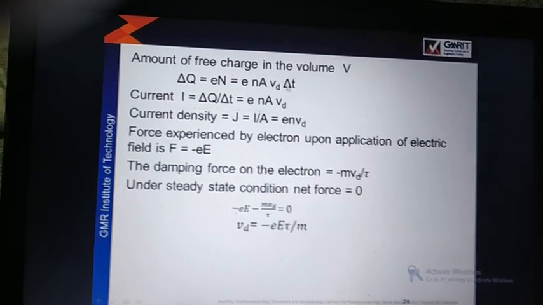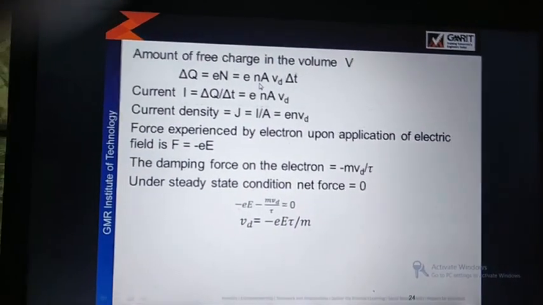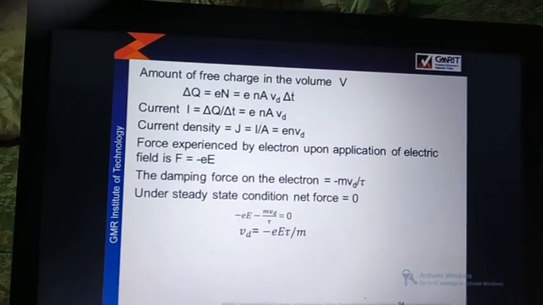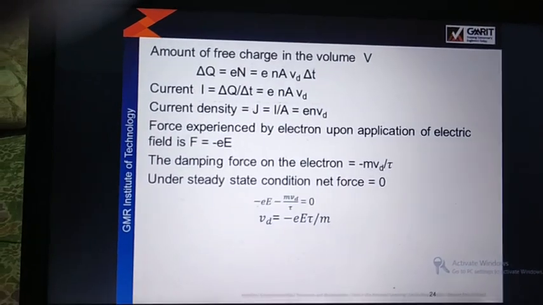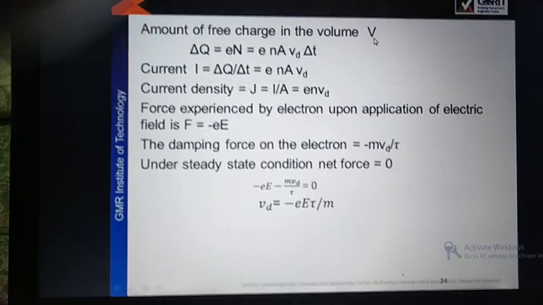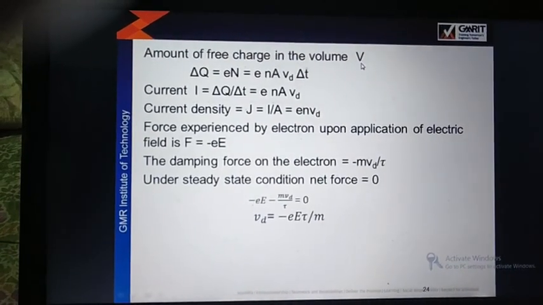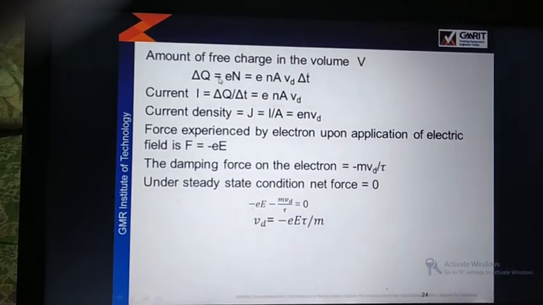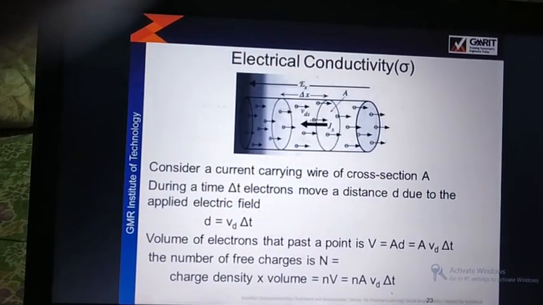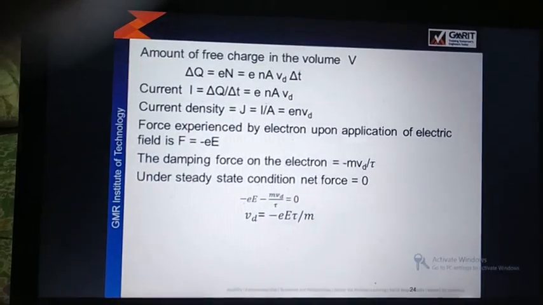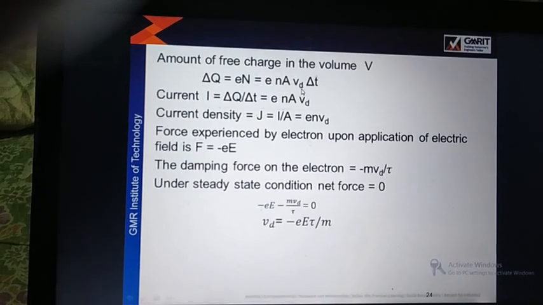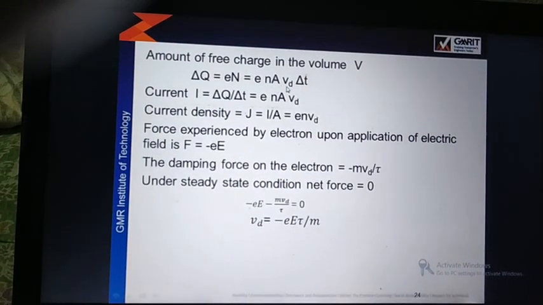So this is the number of charges in that particular volume, and delta Q is equal to e into n A Vd into delta t.